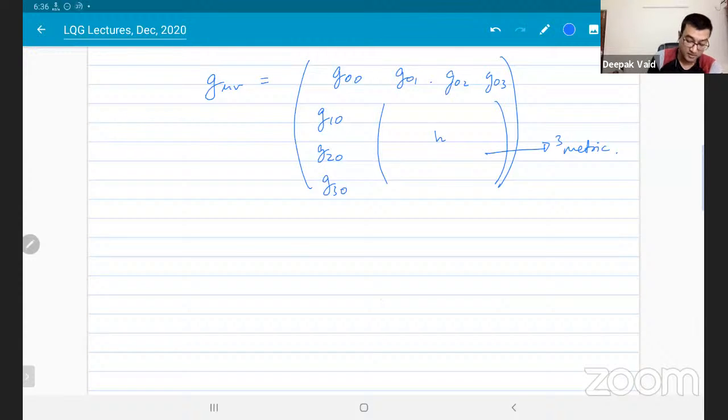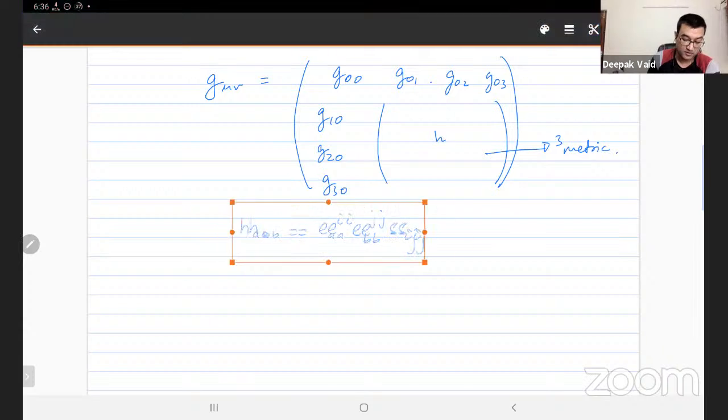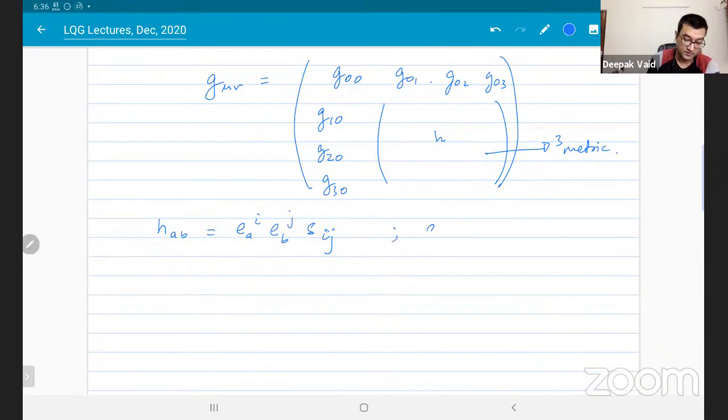And now you have this extrinsic curvature. So what is the relation of the 3 metric to this tetrad? The 3 metric can be related to the tetrad in exactly the same way that you relate the 4 metric to the full tetrad. So if you have G mu nu, you write E mu I, E nu J, eta IJ.